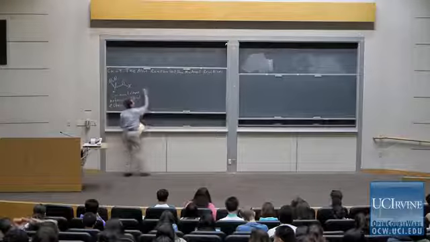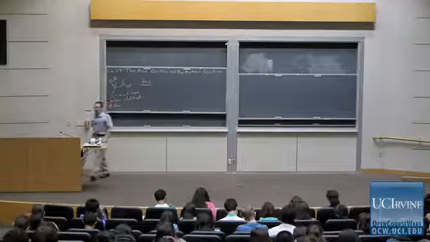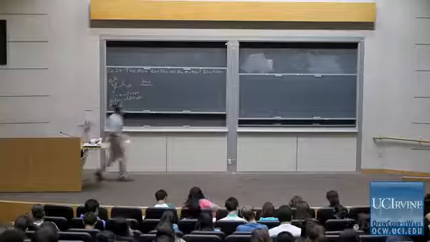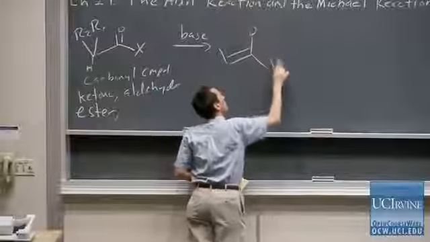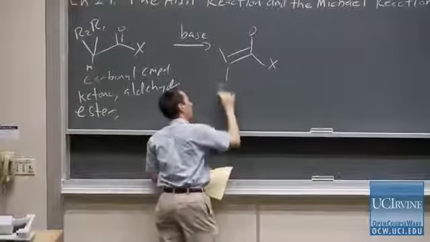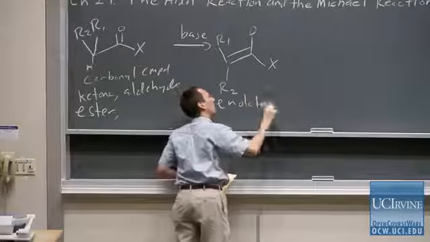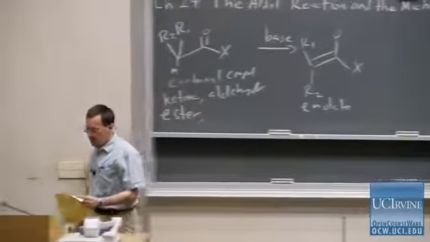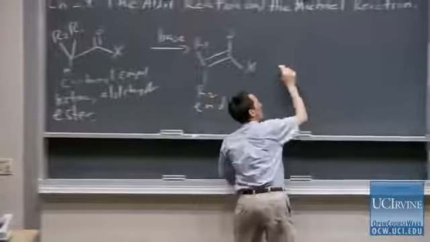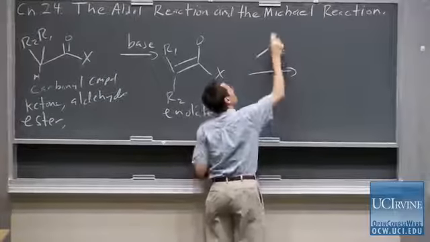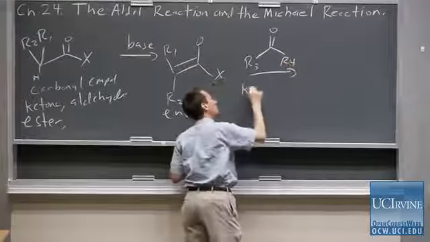And we have some sort of base, and we'll be talking a lot about bases. Right now, I'm just giving this sort of as a generic cartoon. And under some conditions, we get an enolate. And we allow that carbonyl compound to react with a ketone or aldehyde, sometimes all mixed together, sometimes done in sequence.